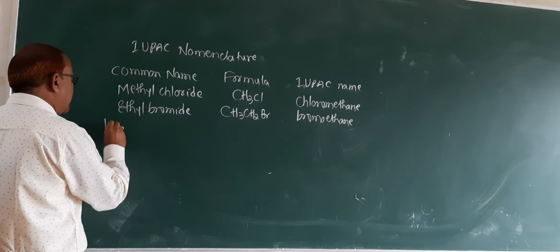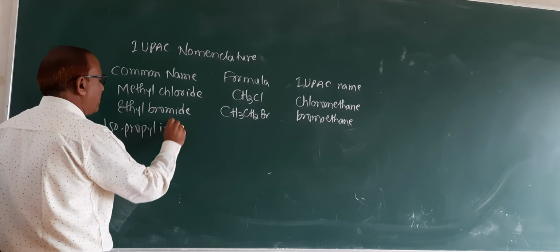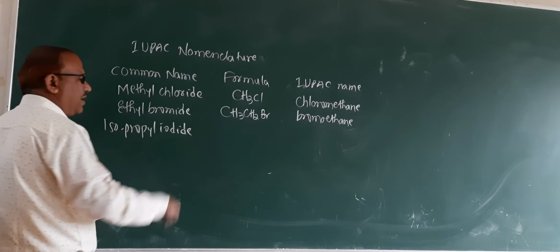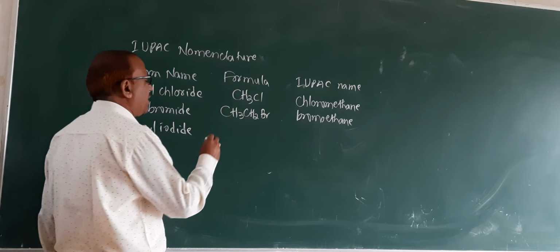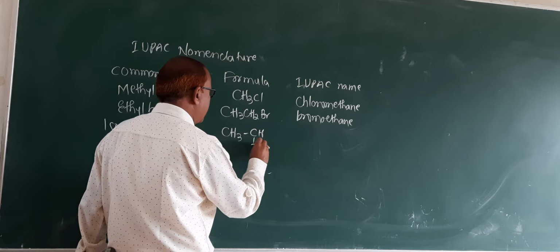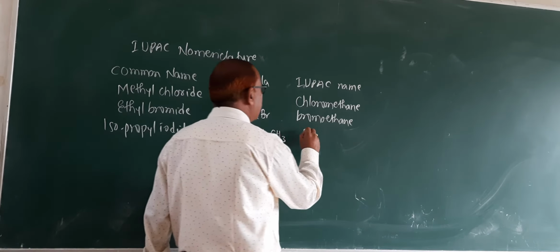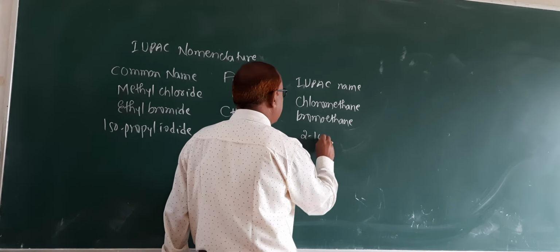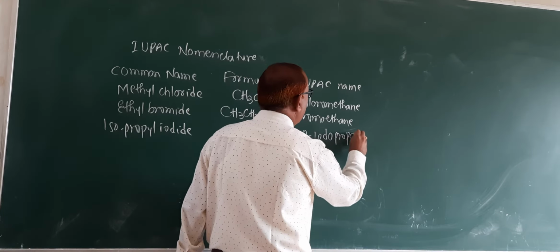Next is isopropyl iodide. First remember the formula by recalling the name of the compound. Since it is a branched chain, CH3CHICH3 must be the formula. Since iodine is present on carbon number 2, it must be 2-iodopropane.